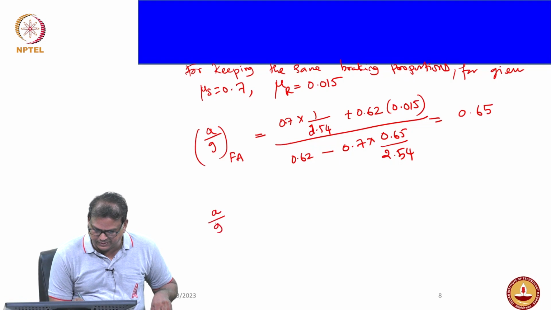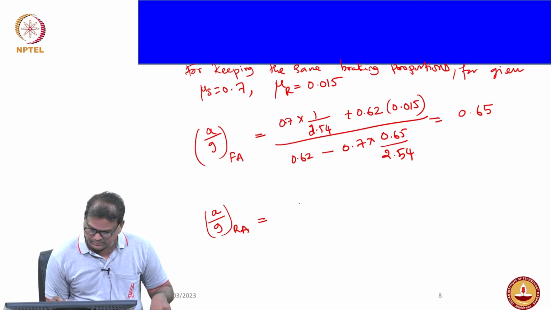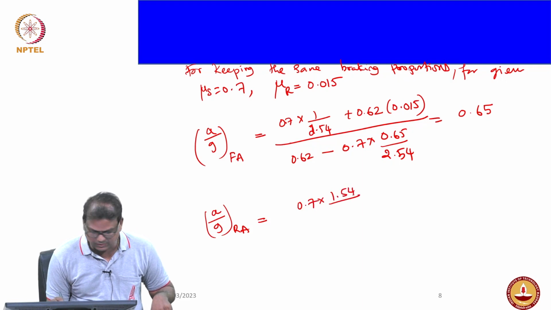Similarly for the rear axle, this is 0.38, 0.015.